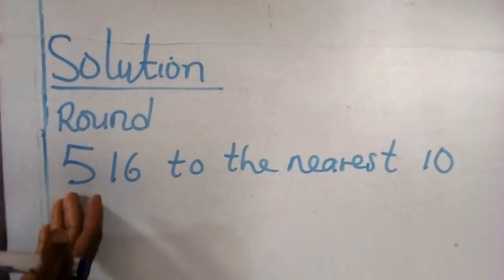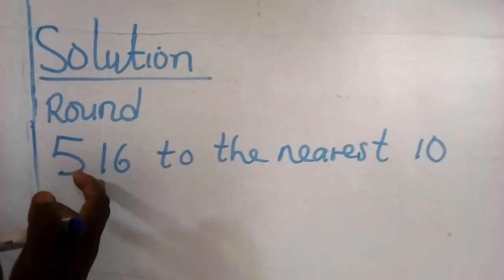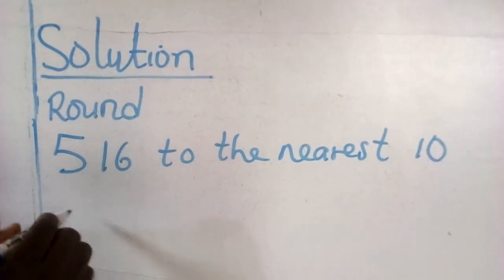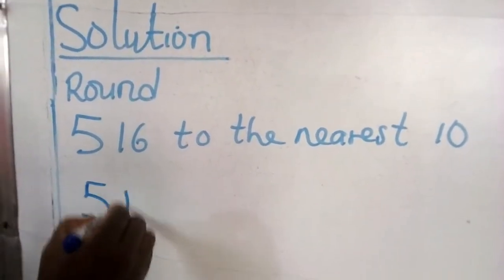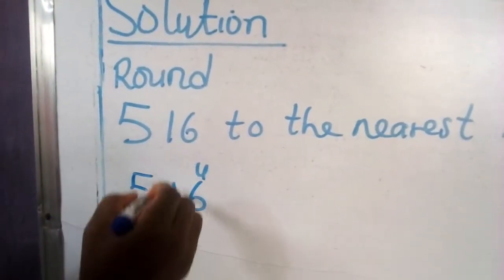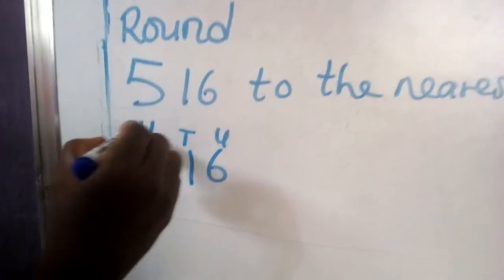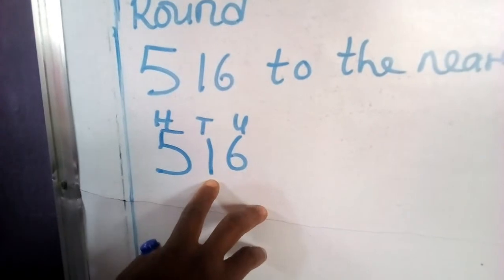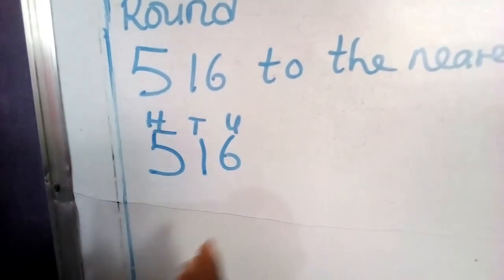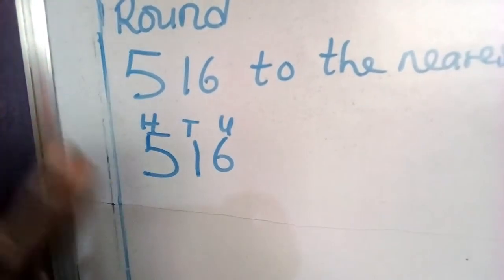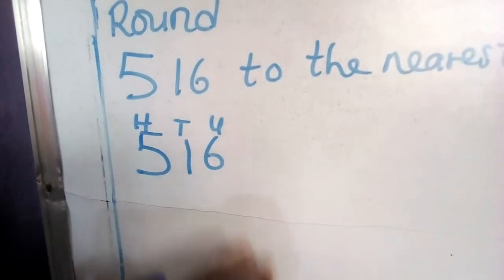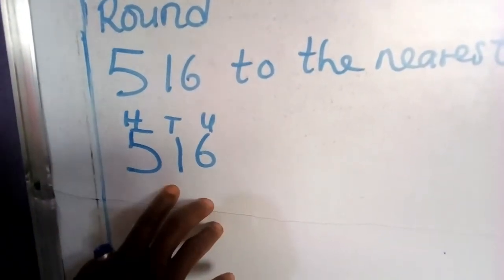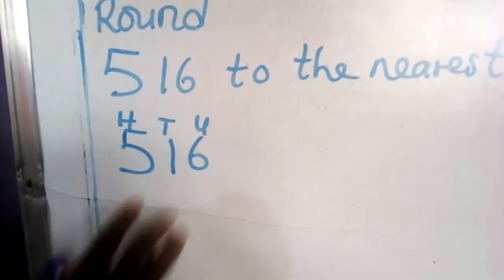So this number we have here is 516. If you place your values, you have unit, tens, and hundred. Here we are looking at tens. So the two numbers we are concentrating on are the unit and the tens. Is that clear?